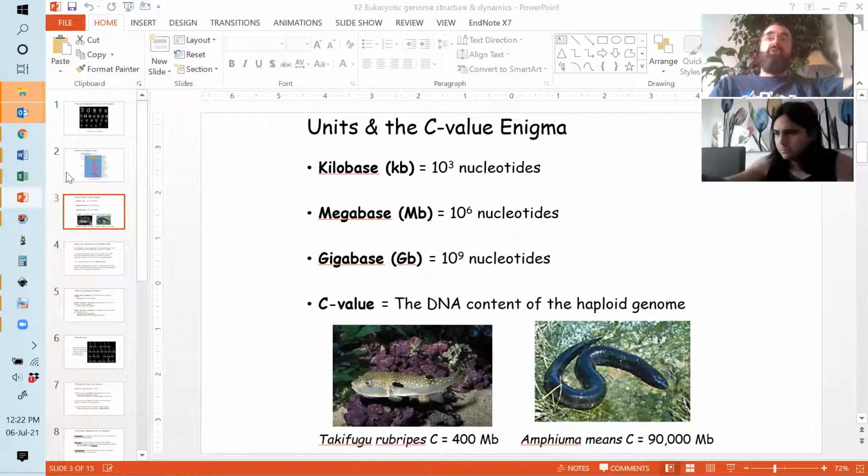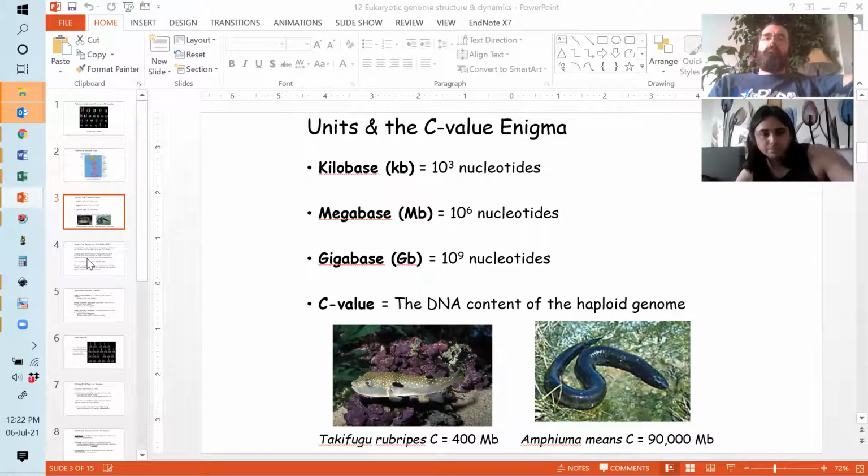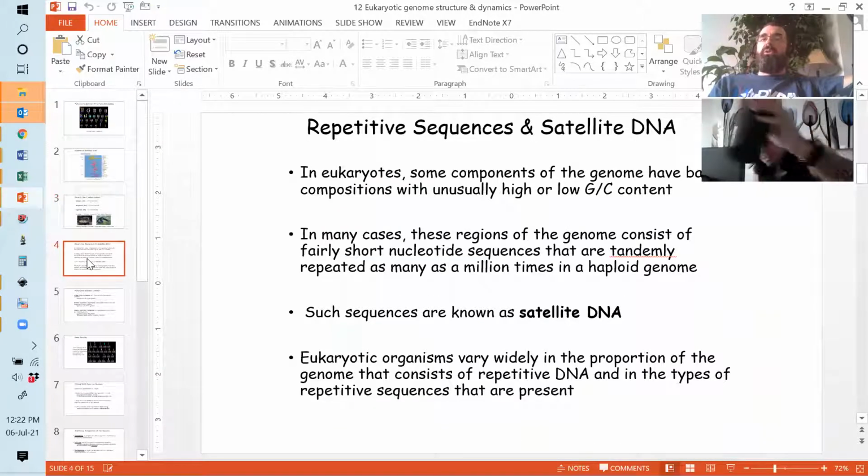So there's an awful lot of other stuff there, right? A hell of a lot of stuff. And this has always been considered junk, which is a kind of a pejorative term in terms of DNA. But there's a lot of just genetic baggage that we carry around with us, right? And so an awful lot of that genetic baggage is repetitive sequences, right?